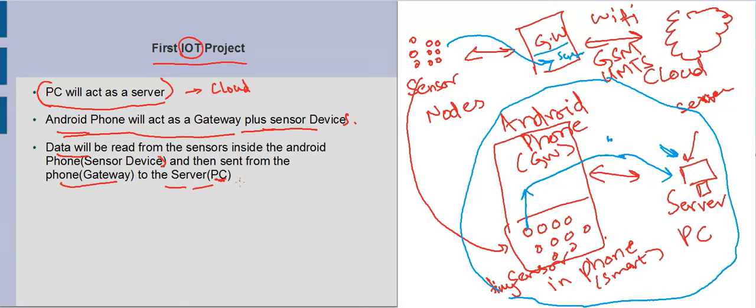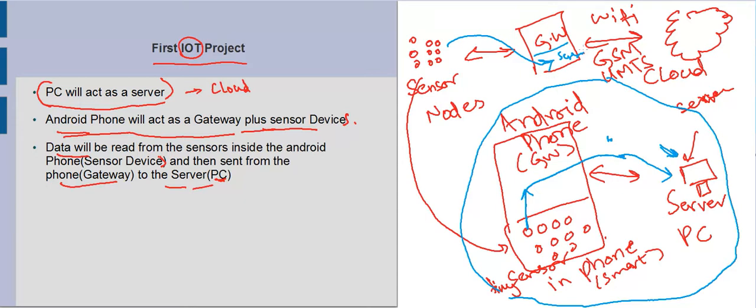So this is going to be our first Android IoT project that we are going to implement, and I hope you will understand this. Again, I can describe once more. We have described two kinds of topologies, right? One of the topologies is this one, in which the sensor nodes are separate.